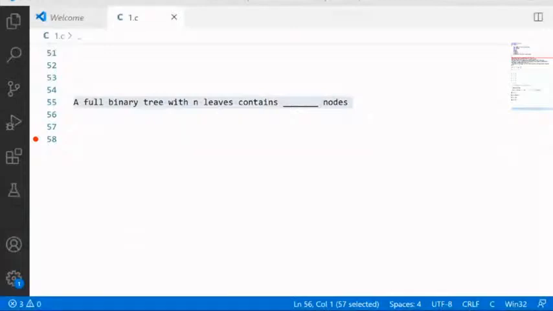Just wait a minute. I'll share the new screen.